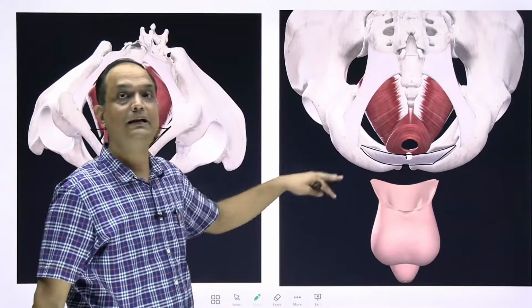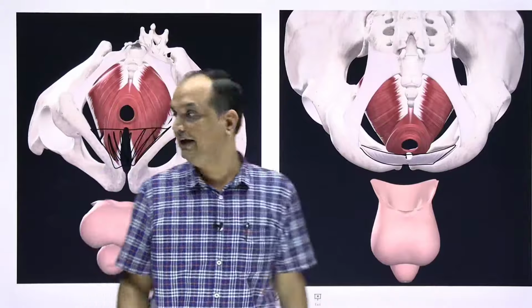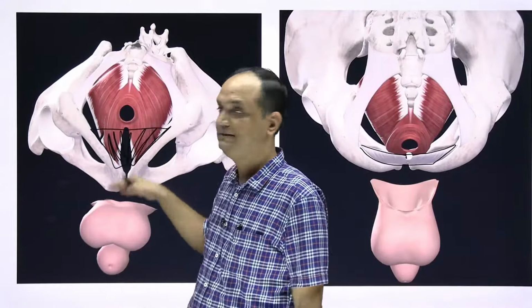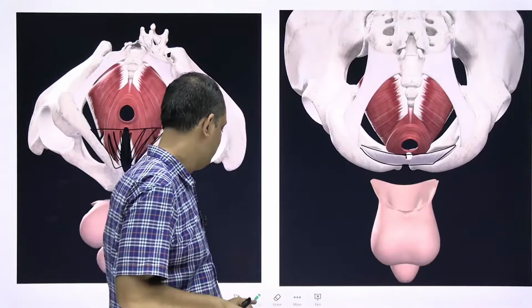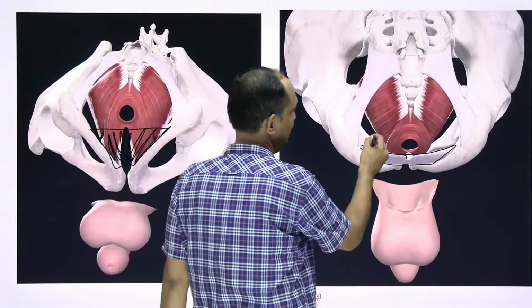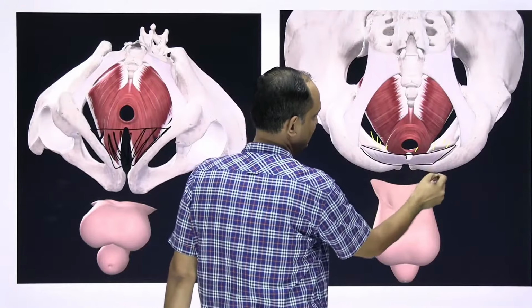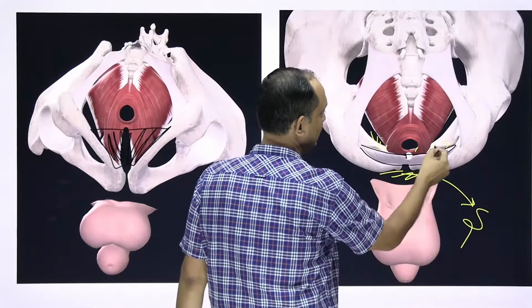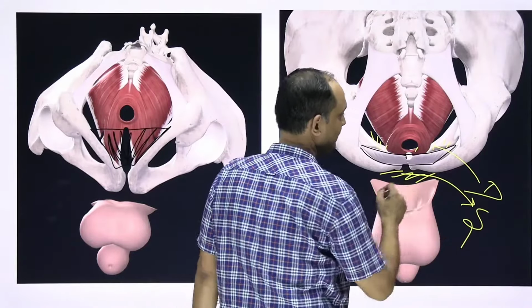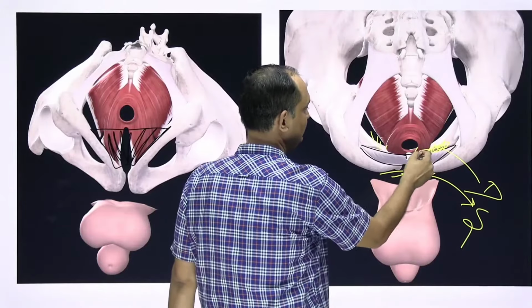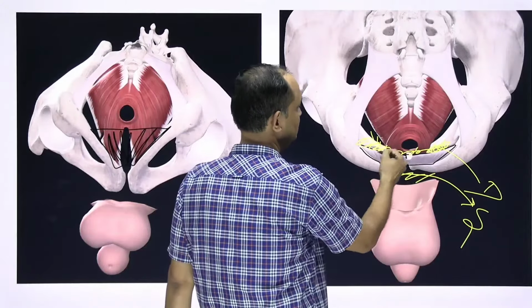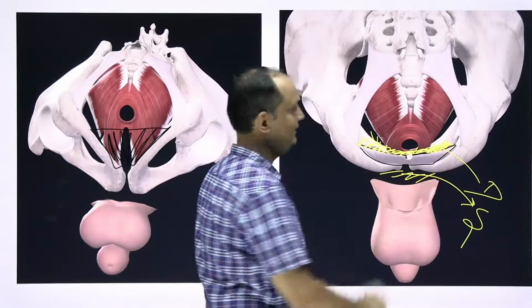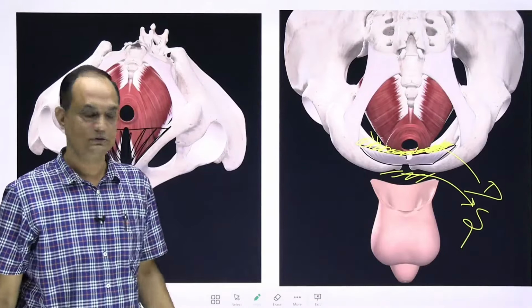This perineal membrane is now dividing this whole space into two parts. One is the area above, and one is the area below. So this lower area becomes the superficial pouch, and this upper area becomes the deep pouch, and this deep area is further filled by the muscles which are known as the urogenital diaphragm or the deep pouch.